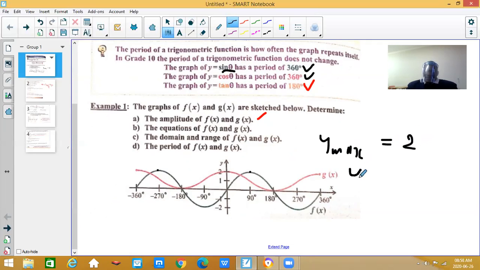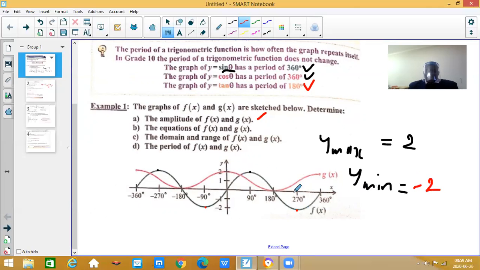And the minimum value it can take is here, which is minus 2. It can also attain a minimum here, which is minus 2.